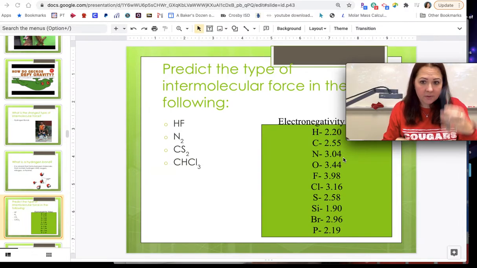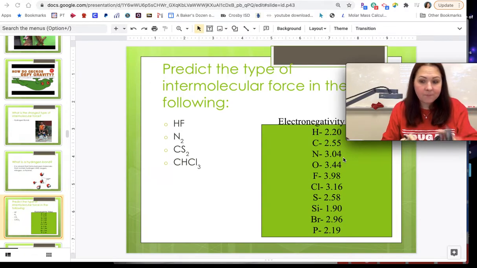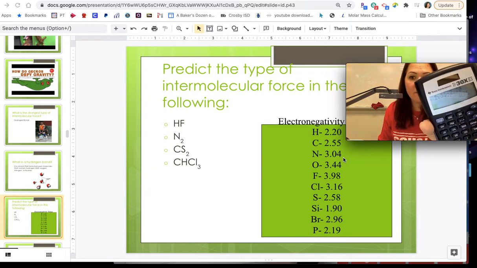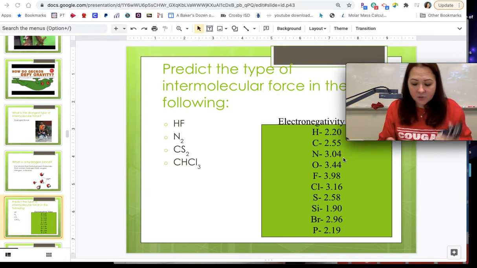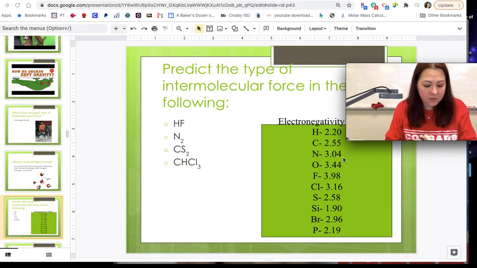When I get those two different answers, if one of them is polar, the entire thing is polar. So pick up my calculator, get the difference between hydrogen and carbon, so 2.55 minus 2.20, I get an answer of 0.35. So with that answer of 0.35, that is nonpolar. Let me get the difference between the next one. 3.16 minus 2.55.